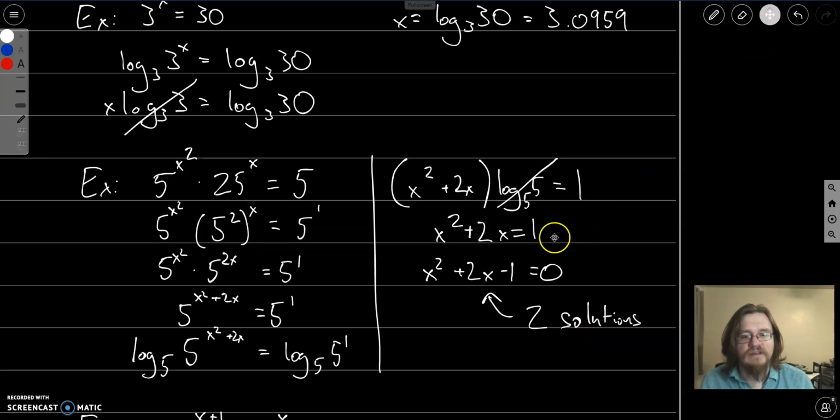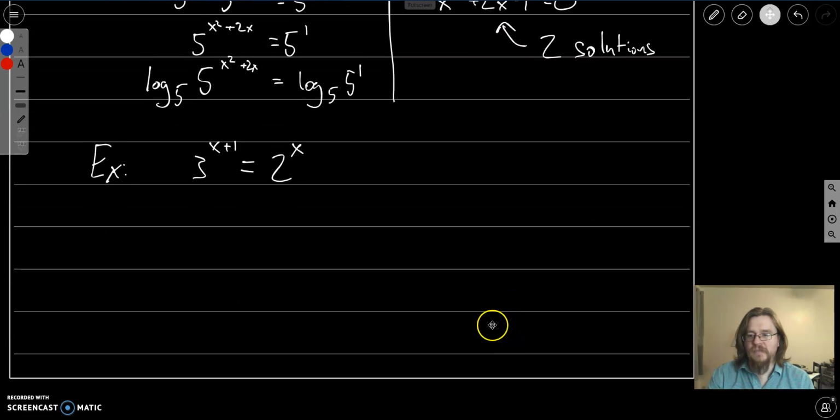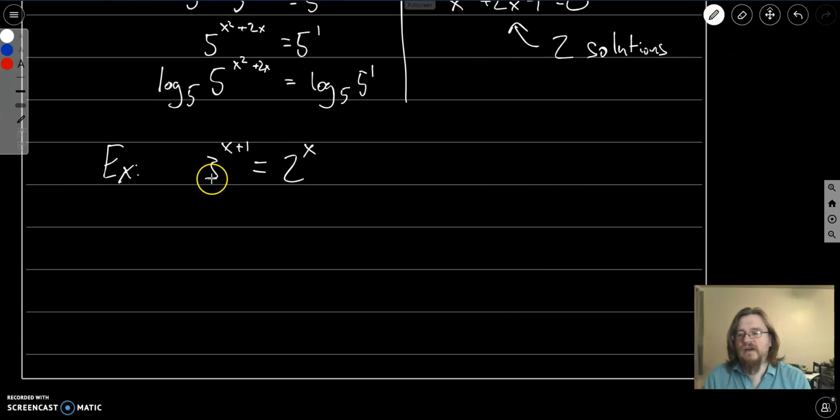So let's continue and look at some more questions here. So here we've got 3 to the x plus 1 is equal to 2 to the x power. So again, we've got exponents upstairs that we need to bring down, so we need to take some logarithms. However, which logarithm do we choose?